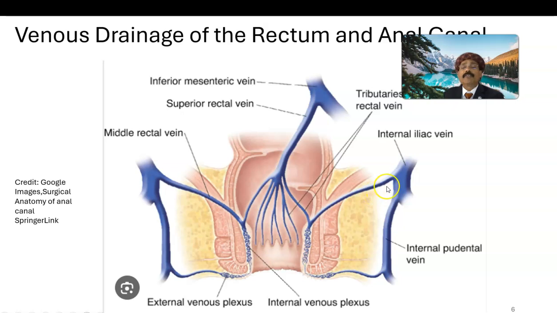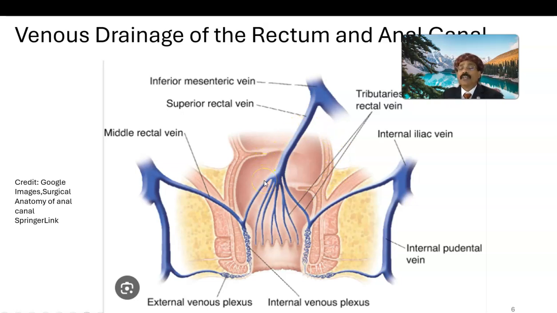There is another route of venous drainage by the middle rectal vein, then the inferior rectal vein, which drains into the internal pudendal vein, which eventually drains into the internal iliac vein. So this is the systemic circulation, and this is the portal circulation. So there will be anastomosis.